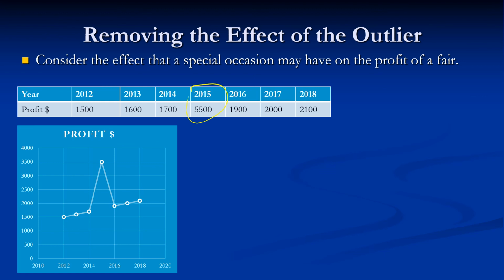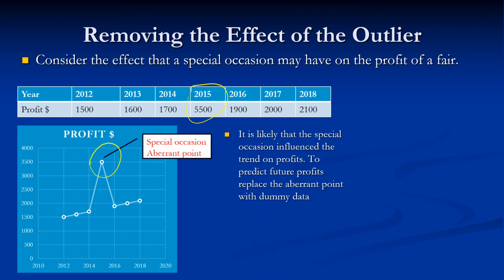A special time in the life of a school might result in more people turning up and spending money at a school fair, and we would call that an outlier. We could also call that an aberrant point. So it's likely, looking at this data, that this special occasion influenced the trend on profits.